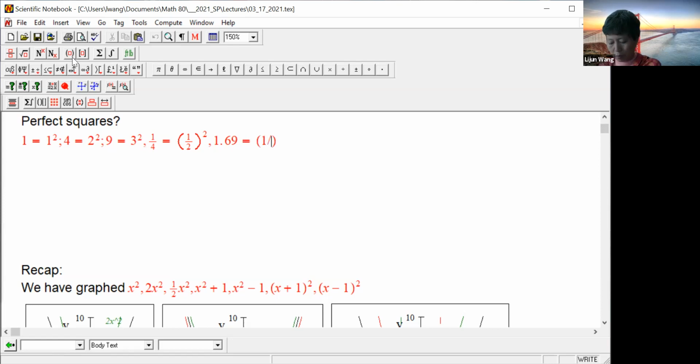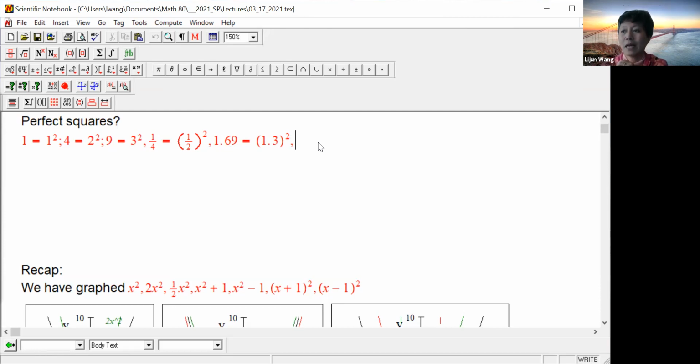It is 1.3 squared. So a perfect square is not limited only to integers. It could be a fraction, it could be a decimal, it could be anything that can be written as the square of another number, and that number is called a perfect square.